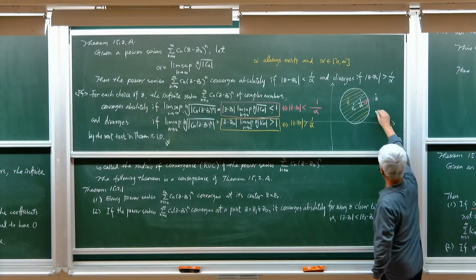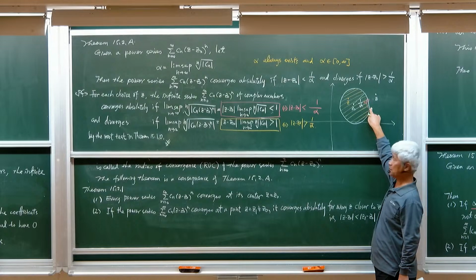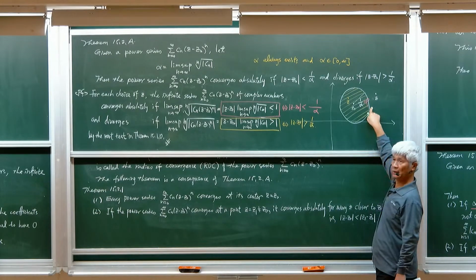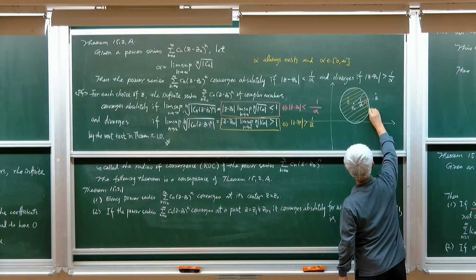Z1 cannot be outside of the circle, because outside of the circle the power series will diverge. So z1 is here or here.